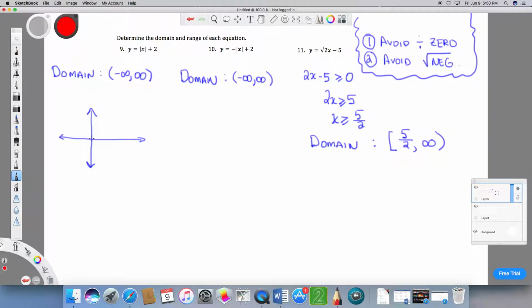It looks like a V, and we call this point the vertex, just like if it were a parabola, and y equals the absolute value of x has its vertex here at the origin. This plus 2 is what we're going to see as a vertical transformation of this graph that's going to lift this graph up 2 units.